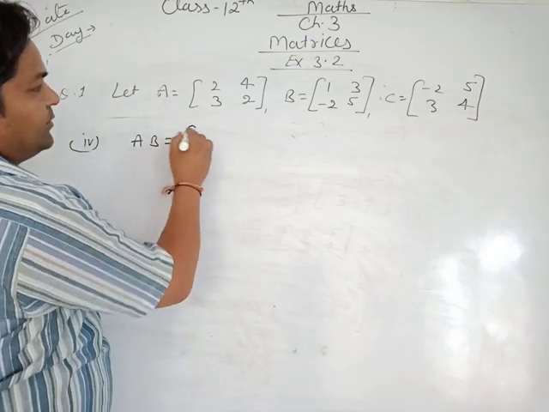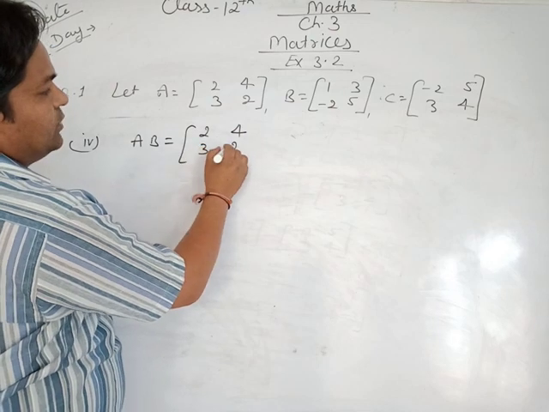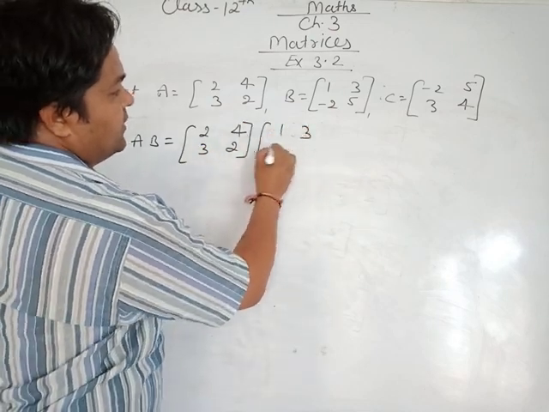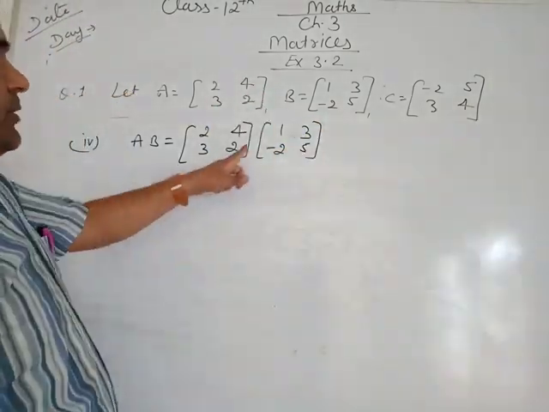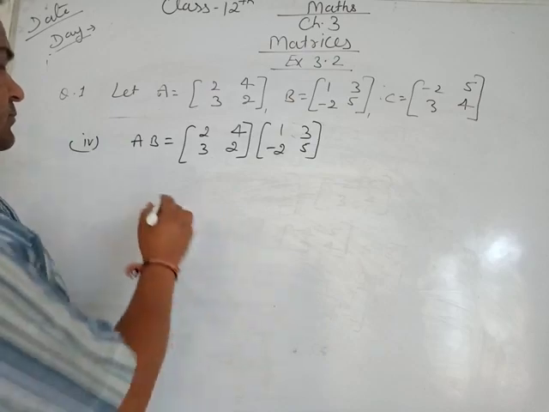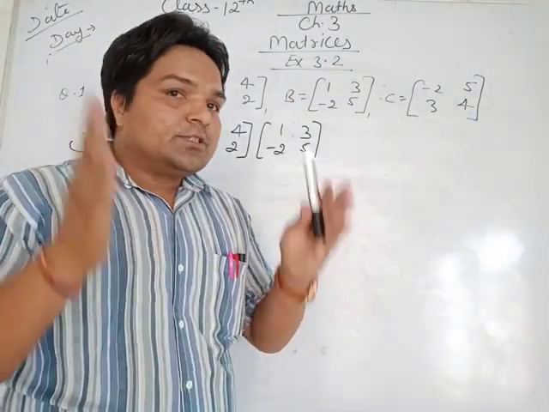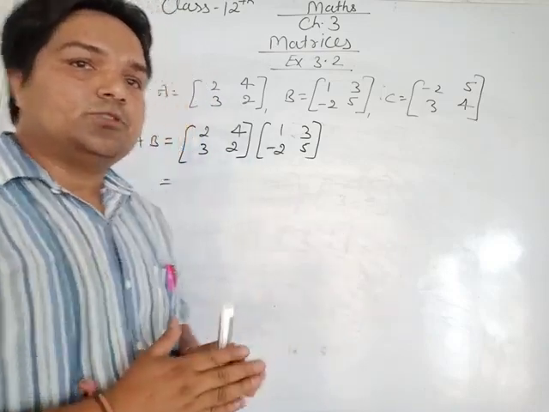So we write down here 4, 2, 4, 3, 2 for A, second 1, 3, minus 2 and 5. Multiplication is different from addition and subtraction, but it's a simple procedure.